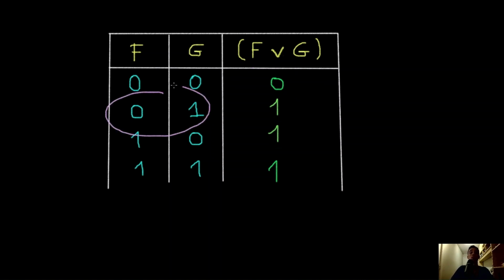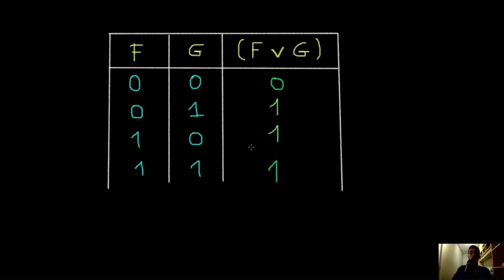In this case, since at least one of them is true, the result is true. Here again, at least one is true, so the result is true. Here, both are true. Does it happen that at least one is true? Of course it does. In fact, both of them are, but at least one is true, so the result is also true.